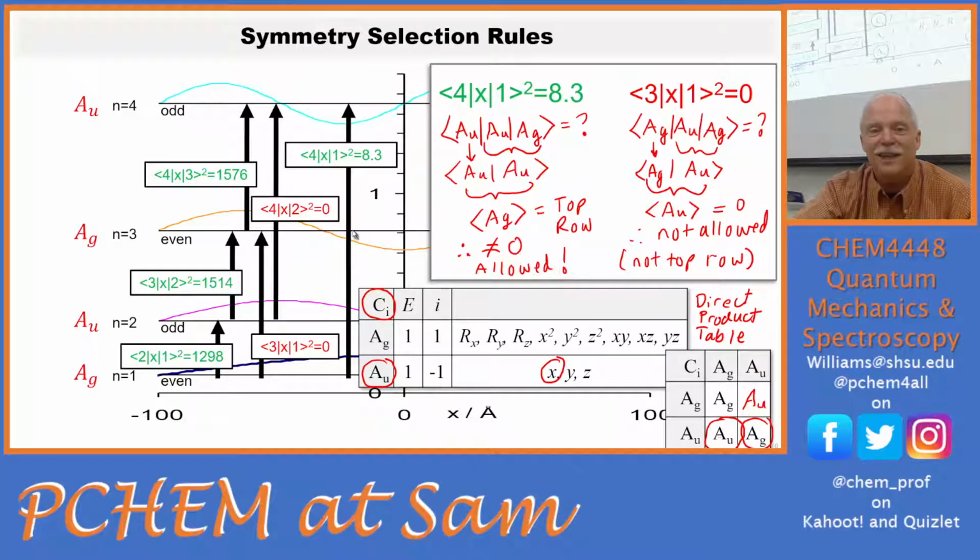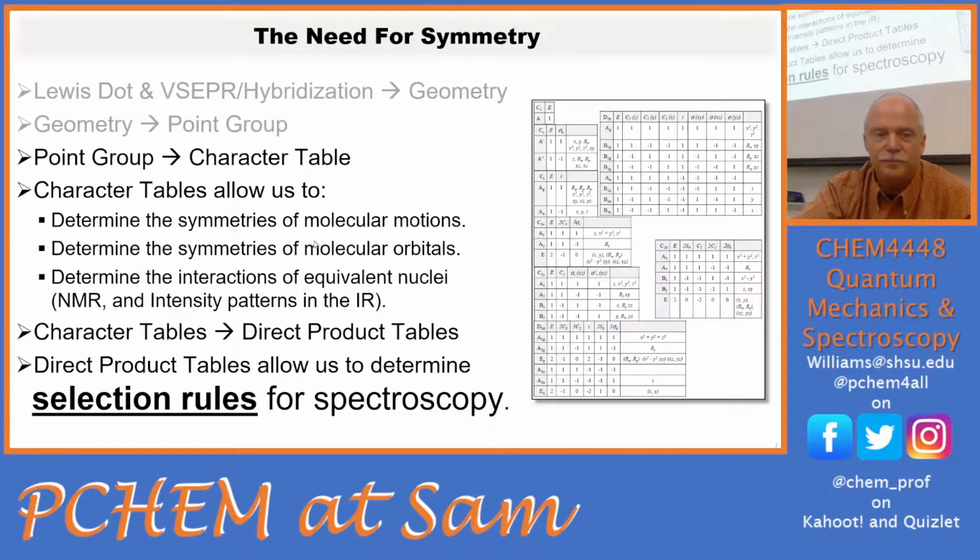Again, I solve these complicated problems, at least for the selection rules, using a post-it note size calculation using symmetry. Now what I've shown you here with the particle in a box with AUs and AGs is exactly the same thing you will do with other molecules. So it could be an enormous molecule, it could be benzene or DNA or whatever, and you can use the same exact skill once you identify the wave functions in the character table.